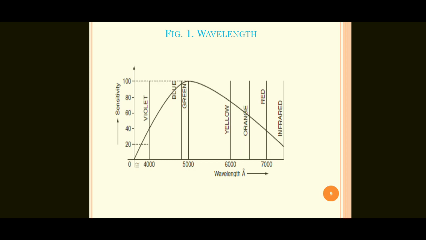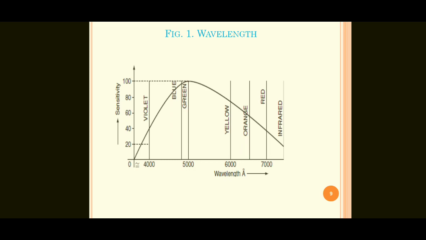At 4000 violet color is present. Just see the figure. At 6000 yellow color, 6500 orange, 7000 red, 7500 infrared is present and 5000 green color is present.